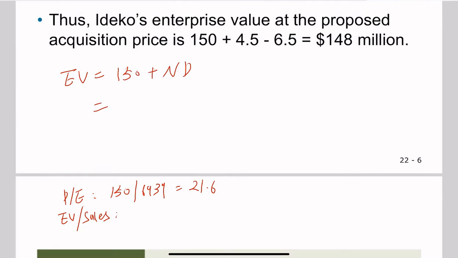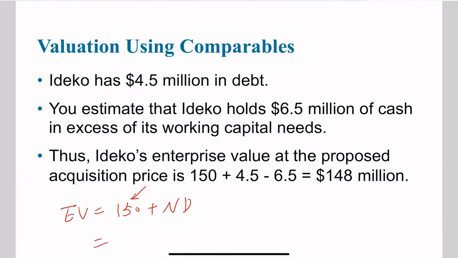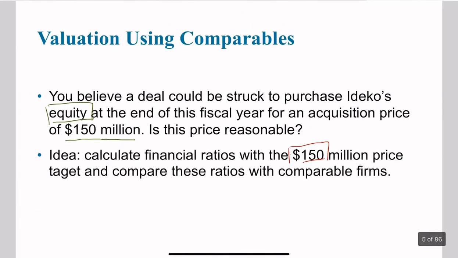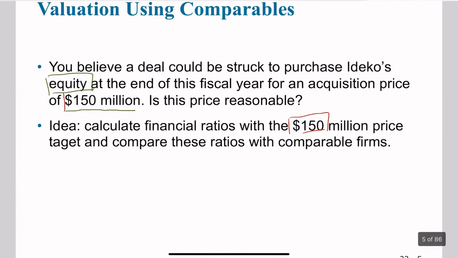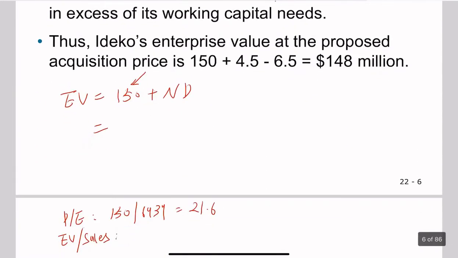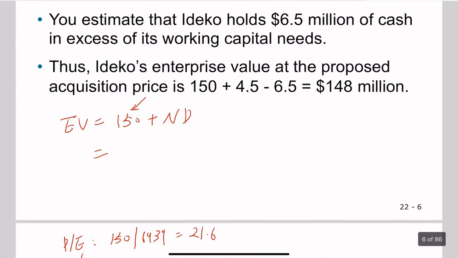You have to notice that the equity here I use is the price the firm wants to make the purchase, right? The acquisition price. So this serves as equity. And then net debt. What is net debt? It's really the firm's debt minus the firm's cash.